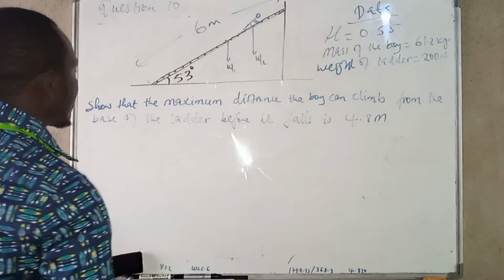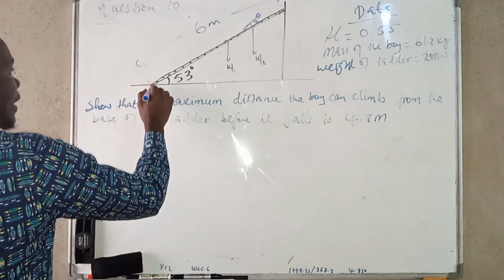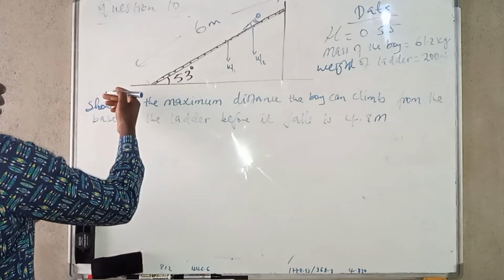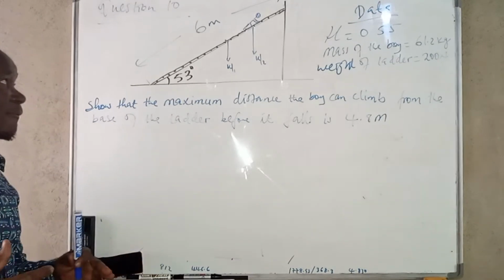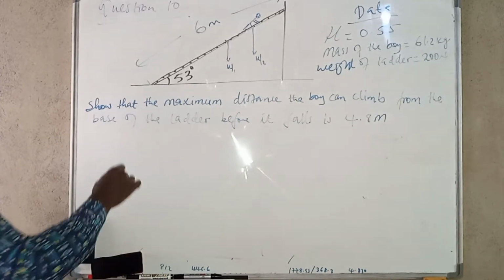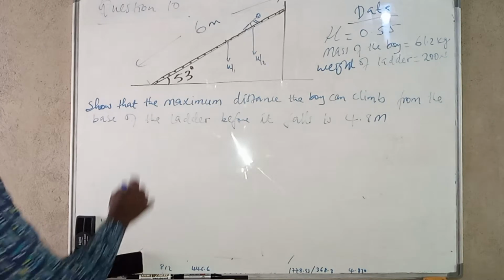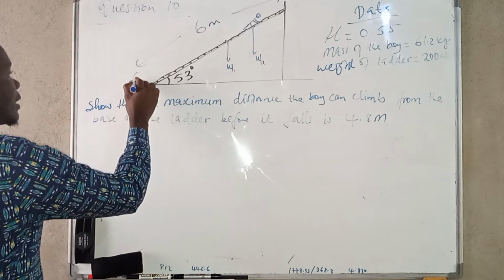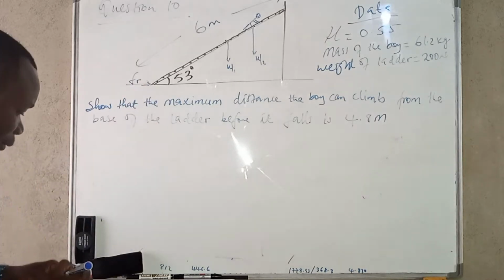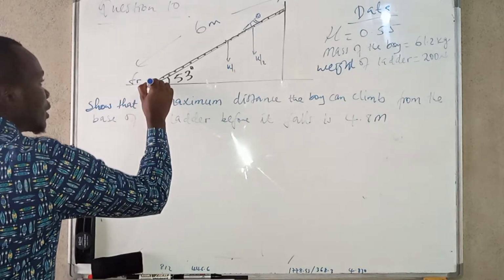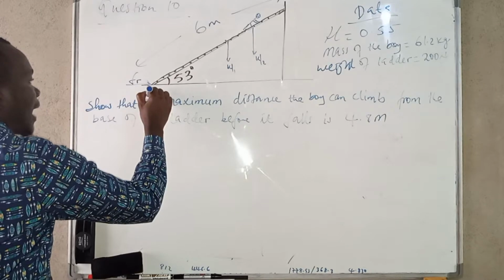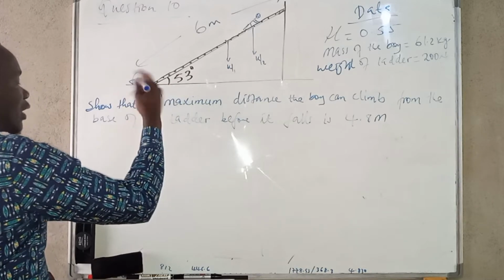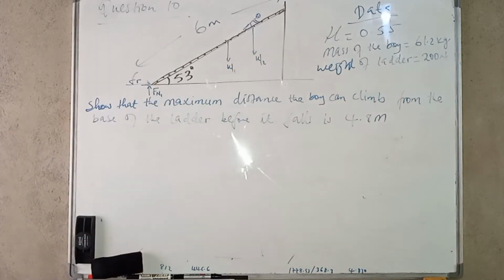And from this point, if it is to slip, it will come this side. But there is a force that is going to counter-react, that is going to oppose the motion of this ladder, which will be in this direction, which is the friction force. At the same time, we have another force acting in this direction, which is the normal force or reaction force 1.